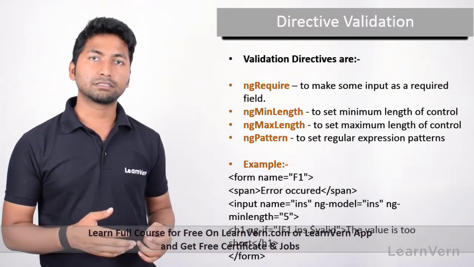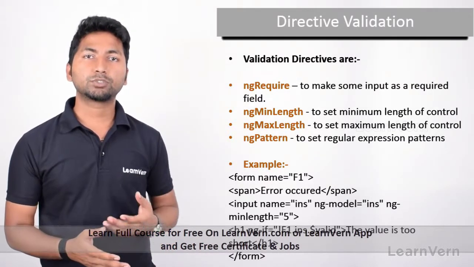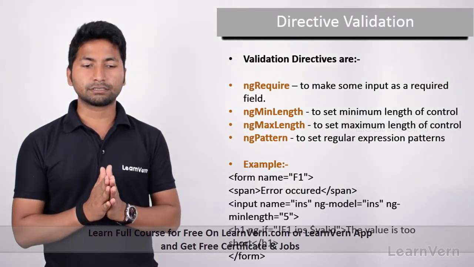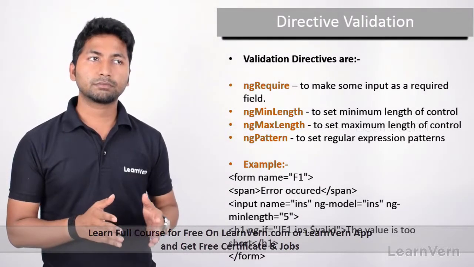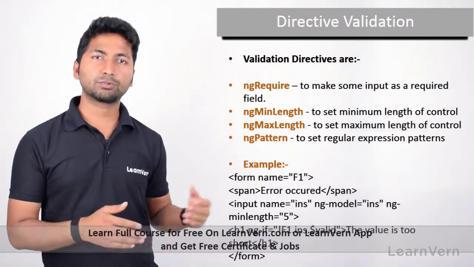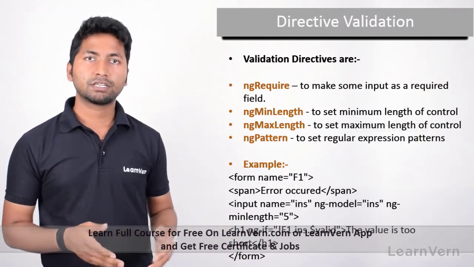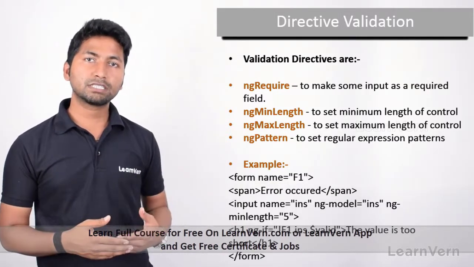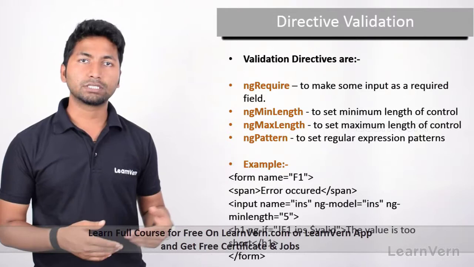You can apply validation on your form or on your input elements. The only difference is how to achieve this. The methods are a little different for input and form states, for directive validation, and for CSS class. One by one we will see how to achieve this validation through these steps.